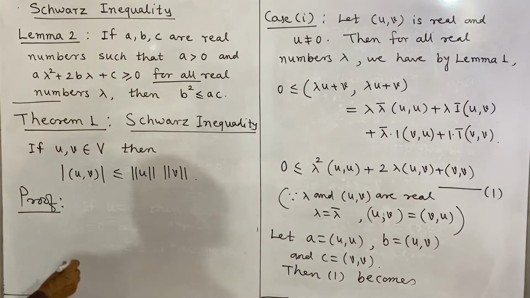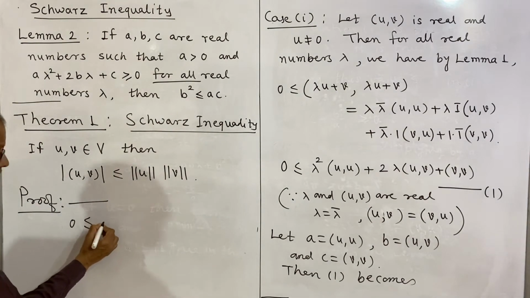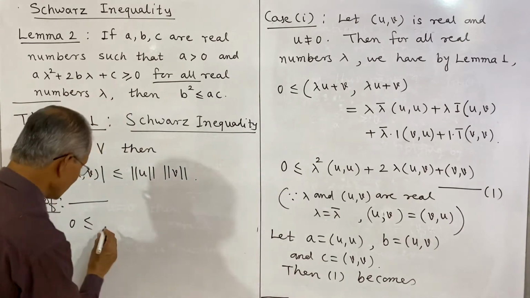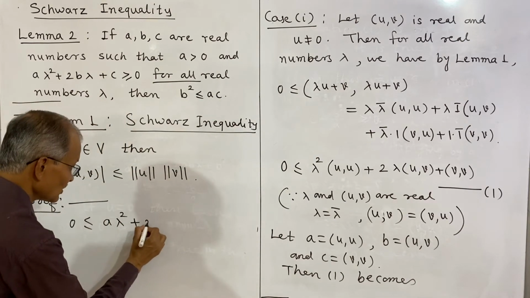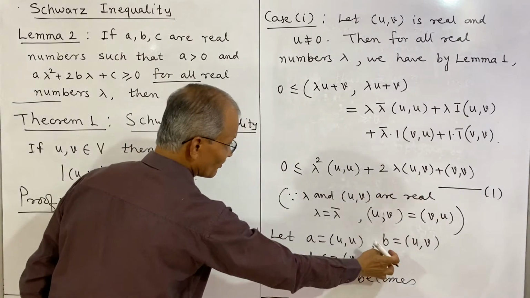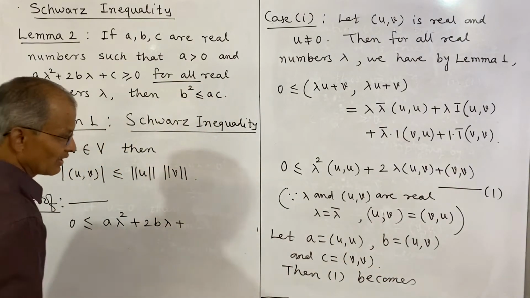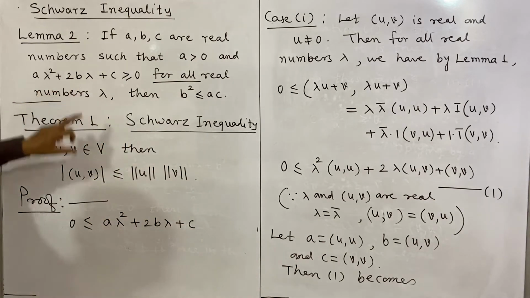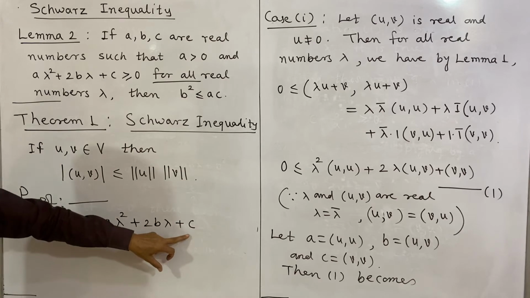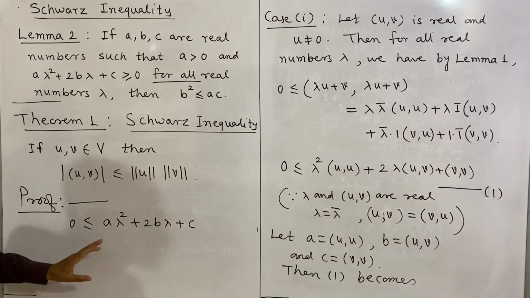see what will be 1, that is 0 is less than or equal to lambda square into a, that is a lambda square, plus this is 2, this value is b, we are putting 2b lambda, and plus the last value we are putting as c, and this is the same as this expression a lambda square plus 2b lambda plus c, and this expression is greater than or equal to 0, or 0 is less than or equal to this.